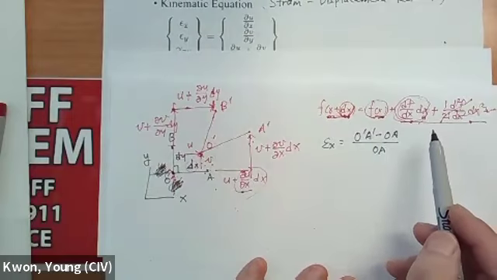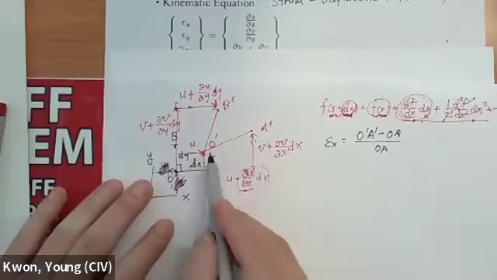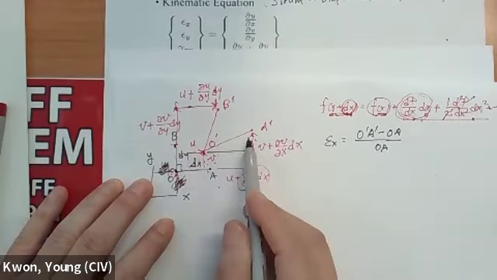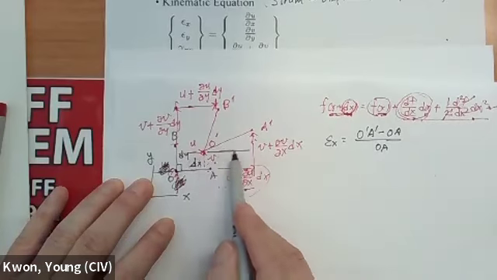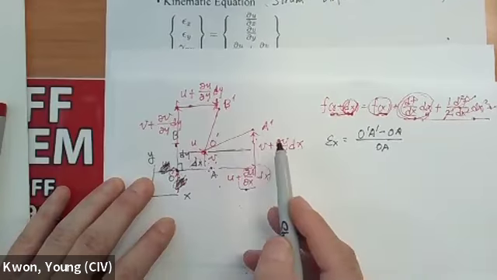Now, OA, more precisely, from the Pythagorean theorem, is this square plus that square, added and square rooted.